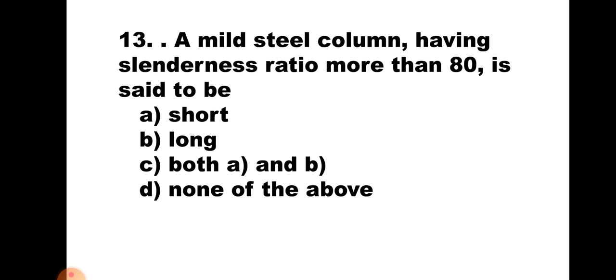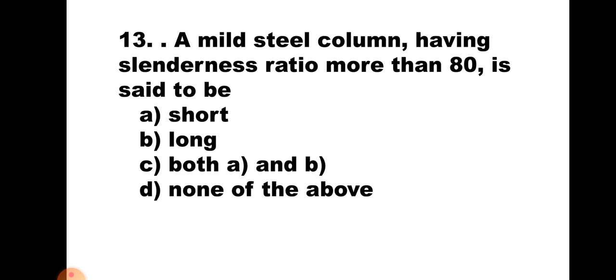Question number 13. A mild steel column having slenderness ratio more than 80 is said to be A. short, B. long, C. both A and B, and D. none of the above. We know the limitation of Euler's formula.